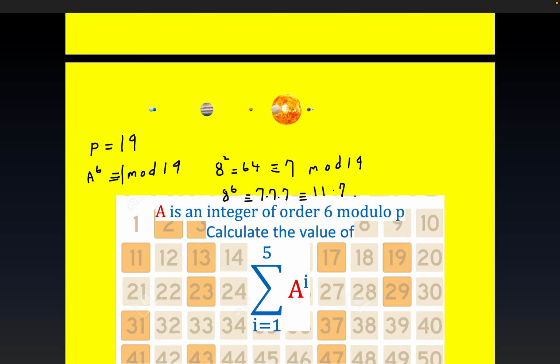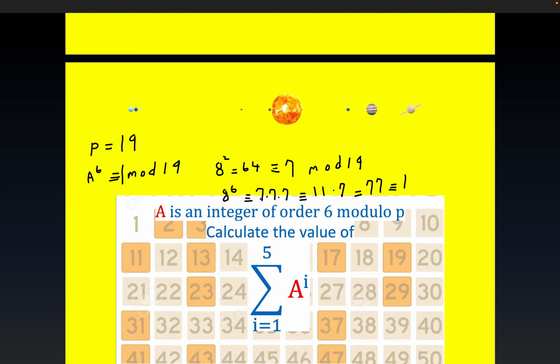But notice this is 77. We can use equal instead of congruent, but notice this is congruent to 1. Again, mod 19, because 77 minus 1 is 76, and 4 times 19 is 76, right?